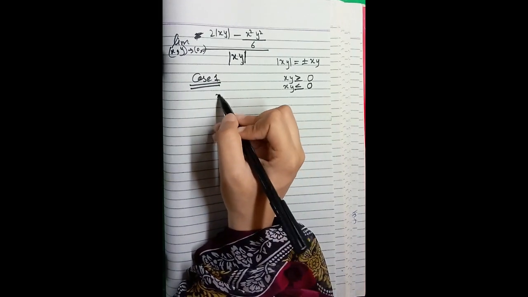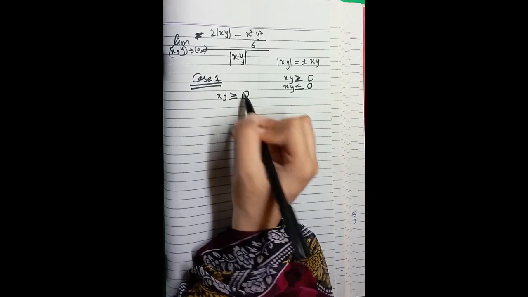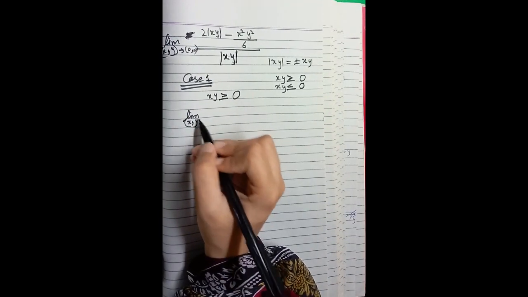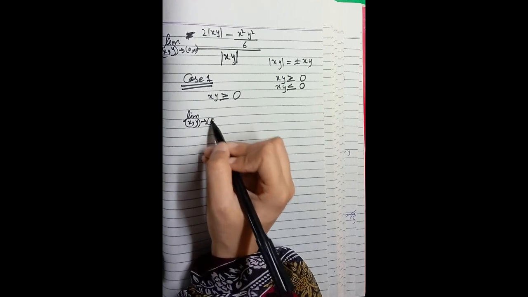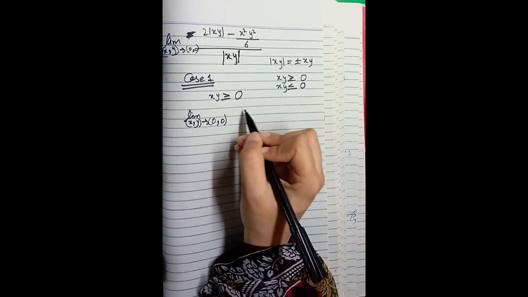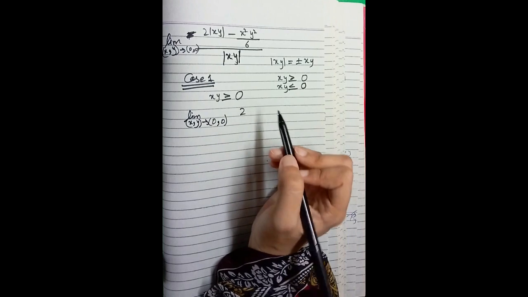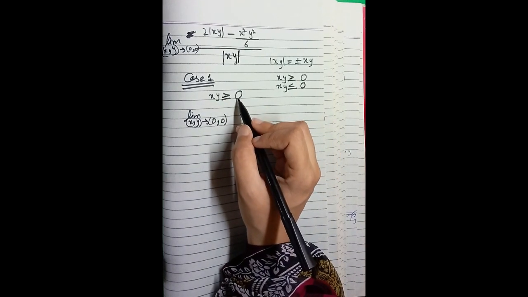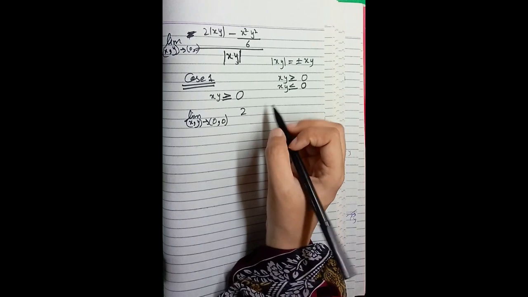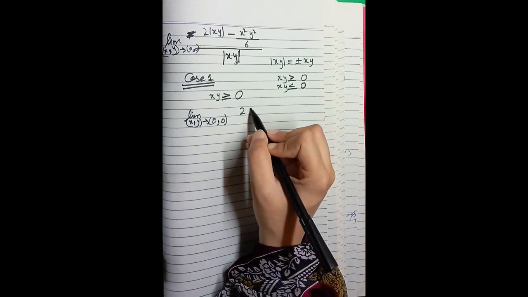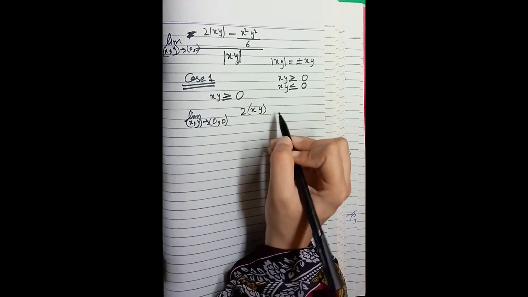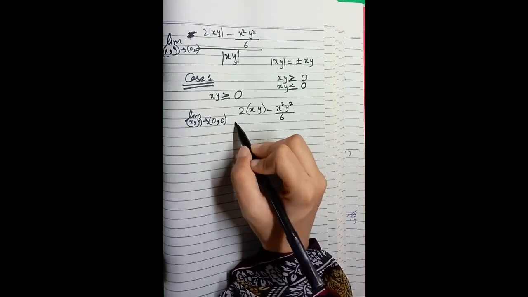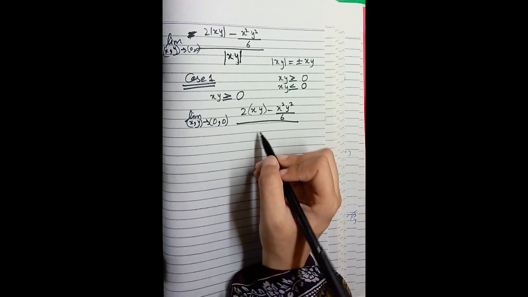Case 1 says that xy is greater than or equal to 0, which means limit xy approaches 0 0, and we will put the positive value at the place of absolute xy because we are taking xy greater than or equal to 0. All the values will be positive. So 2xy minus x square y square by 6 divided by xy.